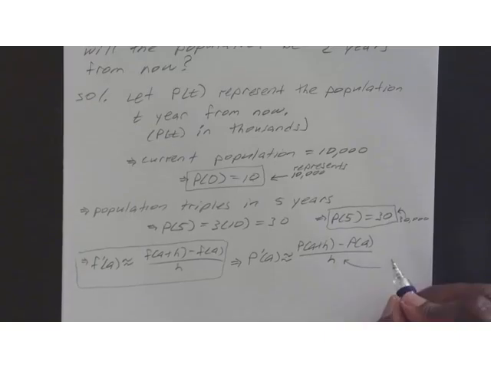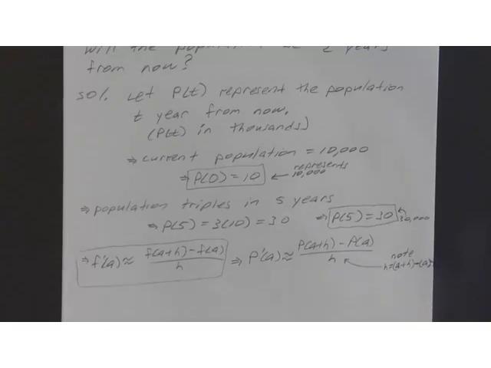Now with that h, you want to remember that h is the same as saying a plus h minus a. You can rewrite this as p of a plus h minus p of a all over a plus h minus a.